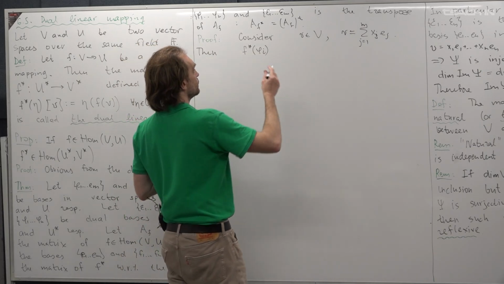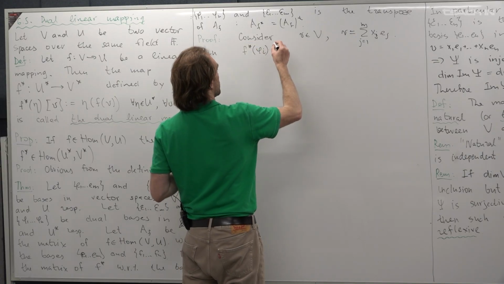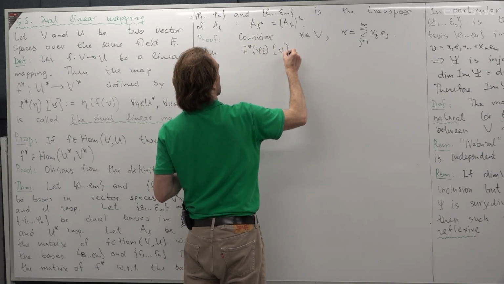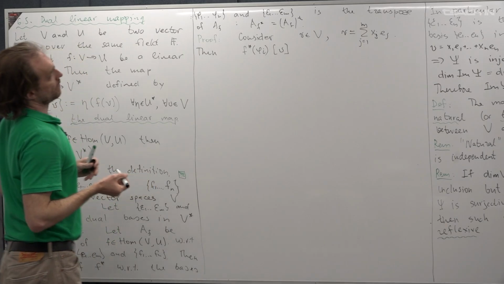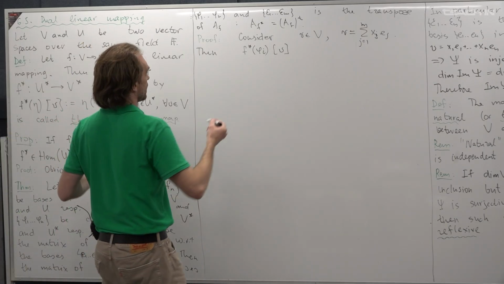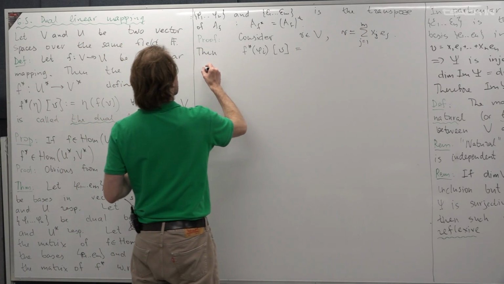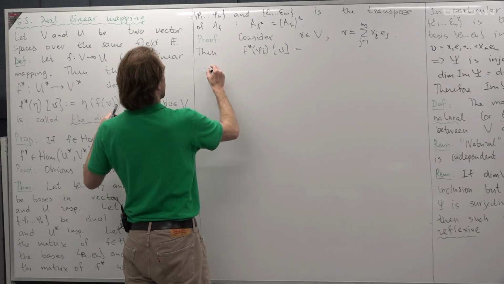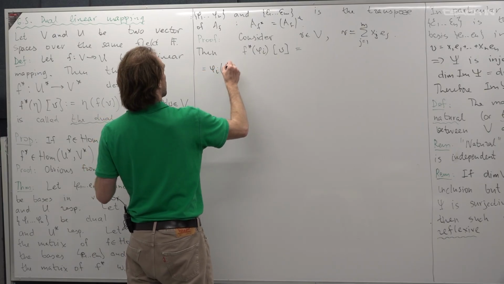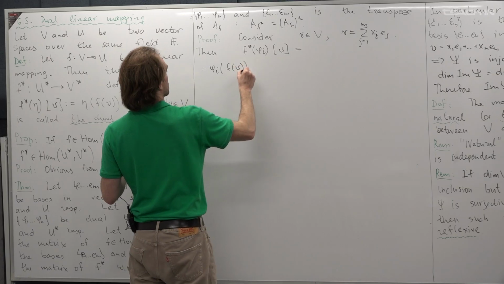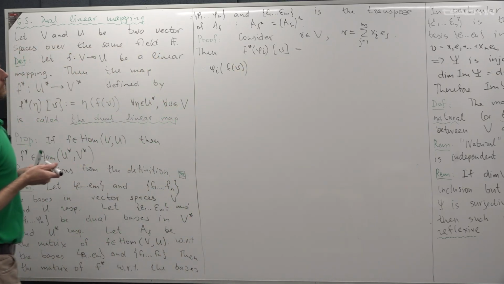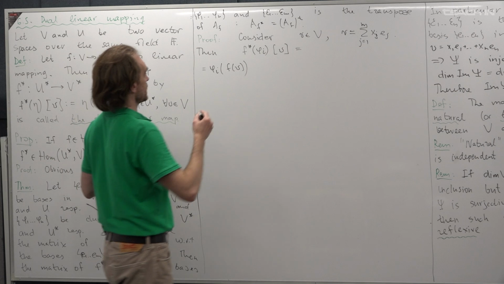So this guy acts on v. So I will apply this to v, and according to our definition, this is just phi i of f of v. So this is what we get.